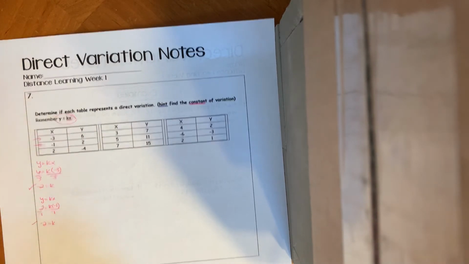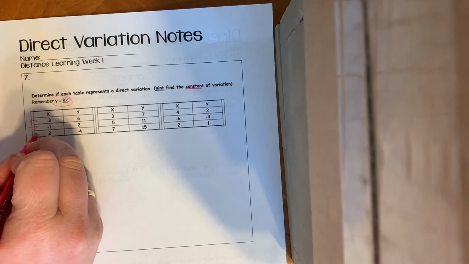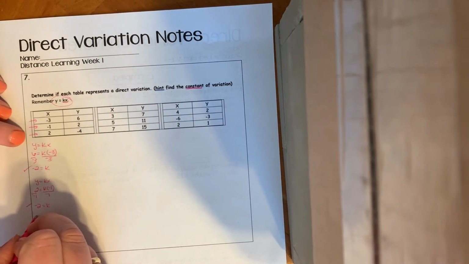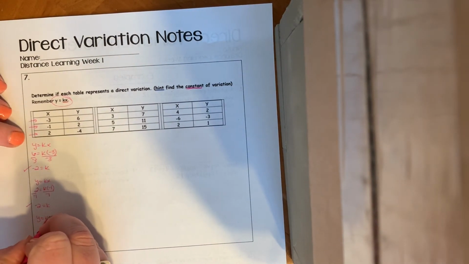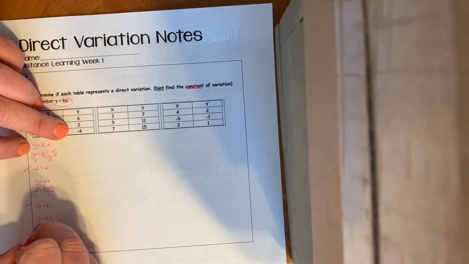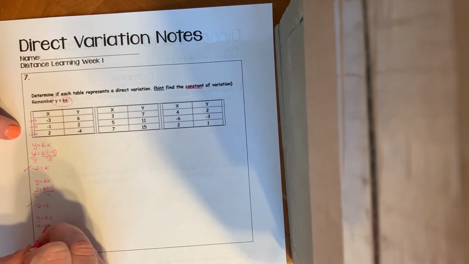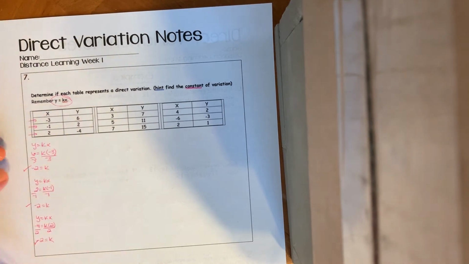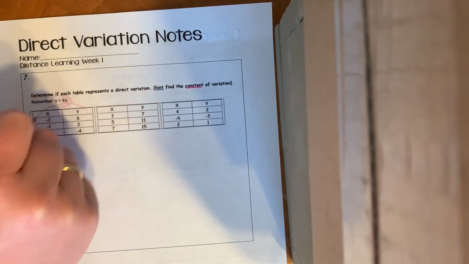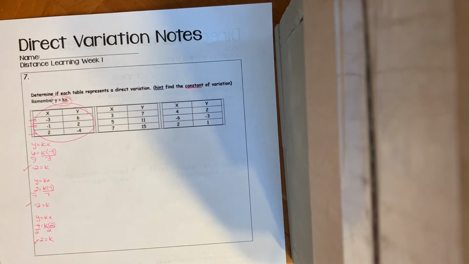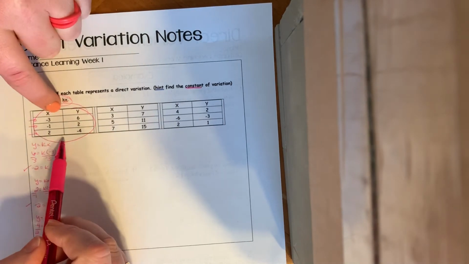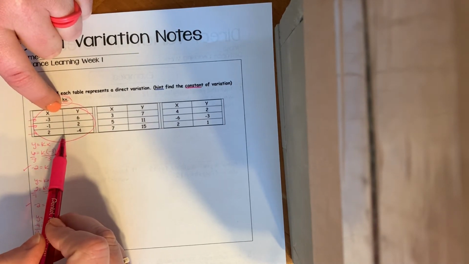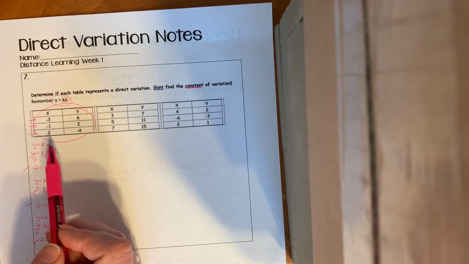You have to check all the points. So on this one, using the same equation, y equals kx. Y is -4. We don't know k. X is 2. Divide both sides by 2. -2 equals k. So yes, all three have a k value that is the same. So that is a direct variation, meaning when you graph this or put it in Desmos, it should go through the origin.